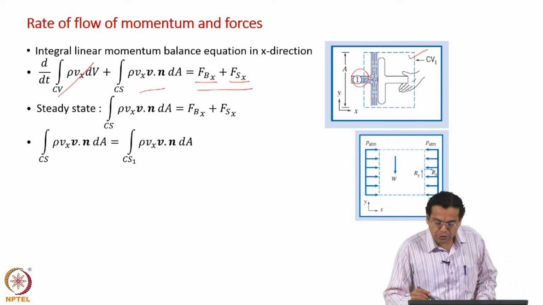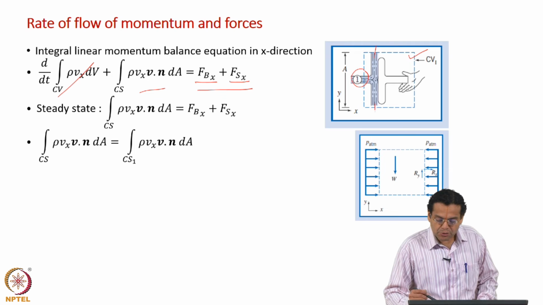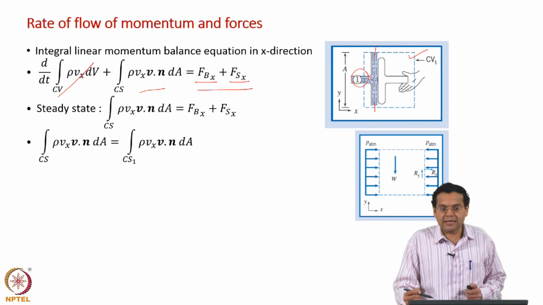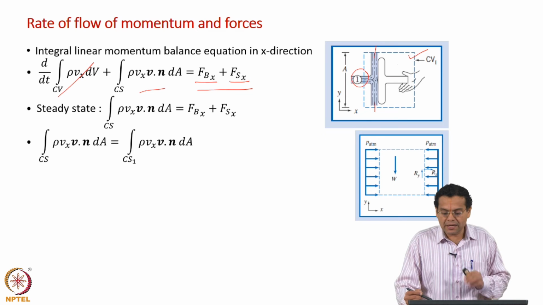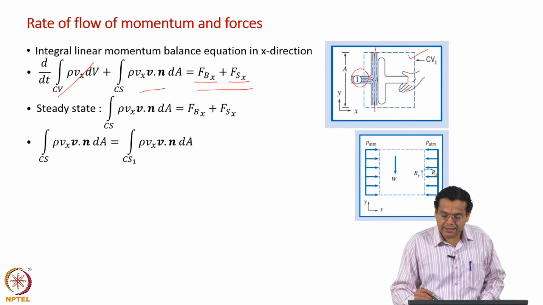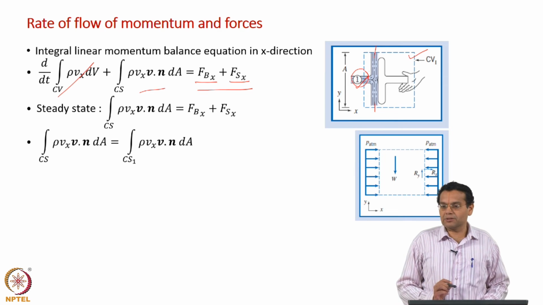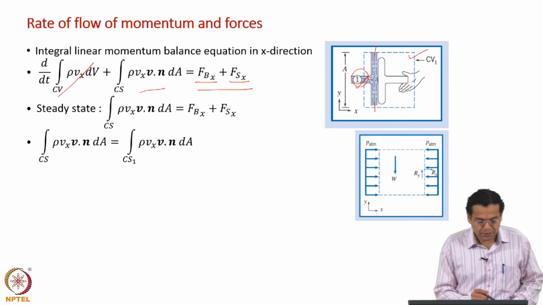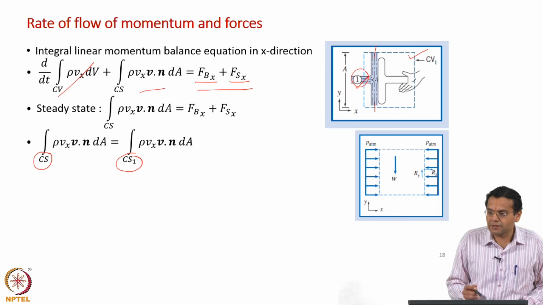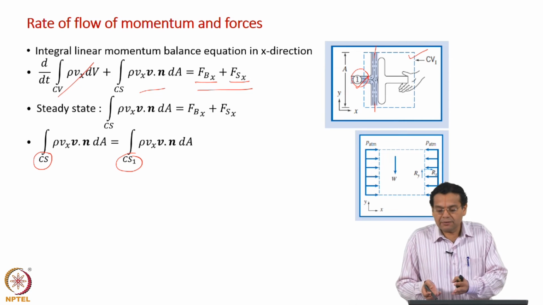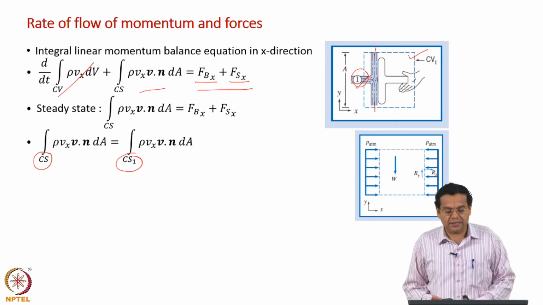Here you do have flow, so you do have rate of momentum leaving, but that is in the y direction, because we are writing a balance along the x direction. The only part of the control surface where you have flow in the x direction is this part, so all others are 0. That is why I replace the control surface with control surface 1, that part of the control surface where the free jet enters.